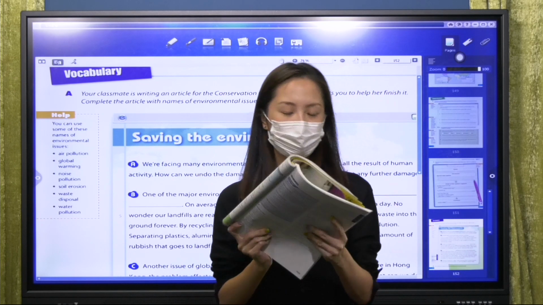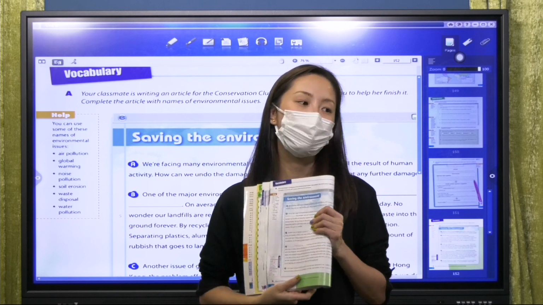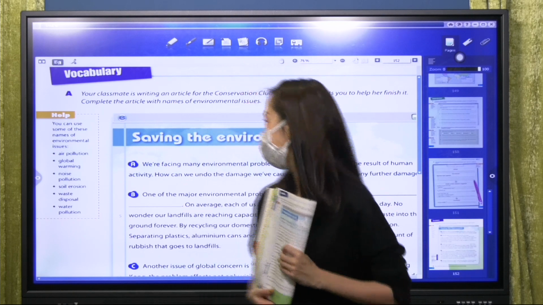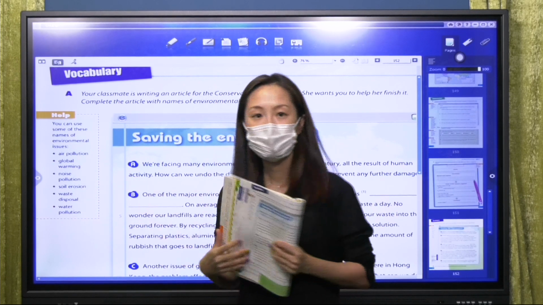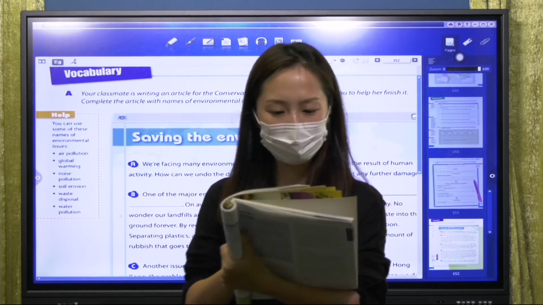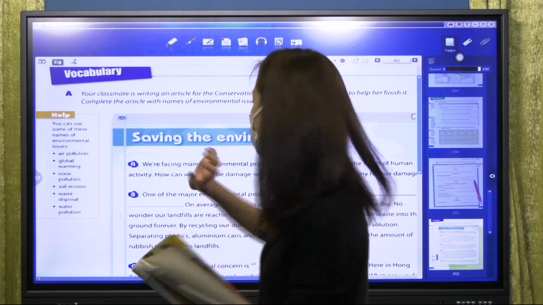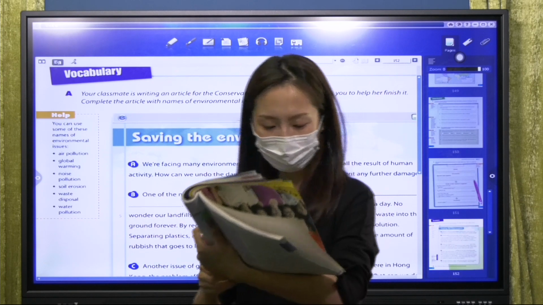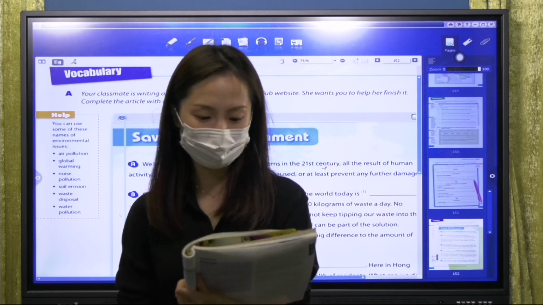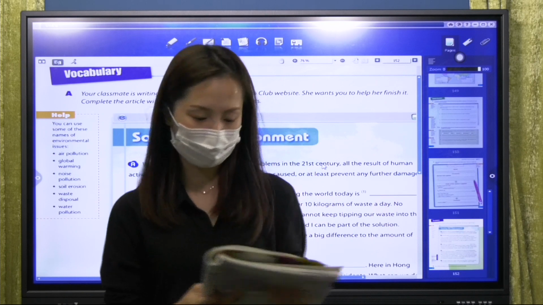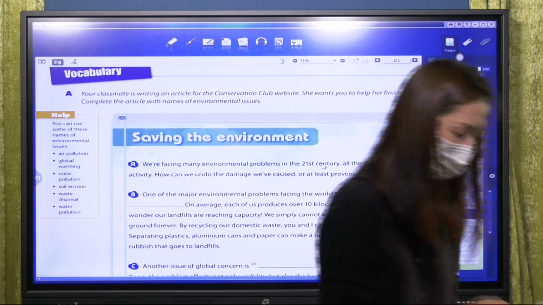If you have your theme book by your side, please go to 152. And then let's pay attention to the words here first. So there are 1, 2, 3, 4, 5, 6 words. Can you try to finish page 152 by using these words? Can you try to do it by yourself first? I give you 30 seconds.